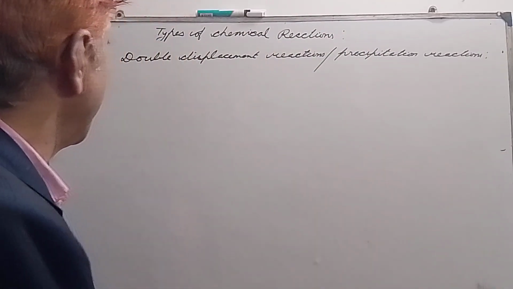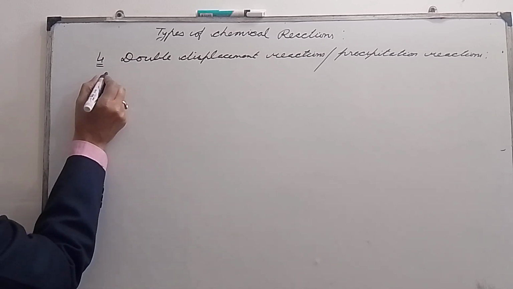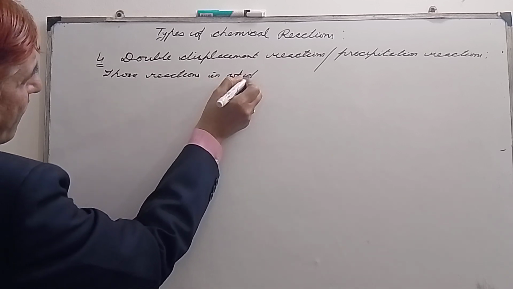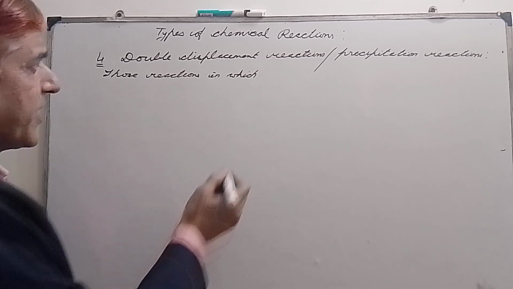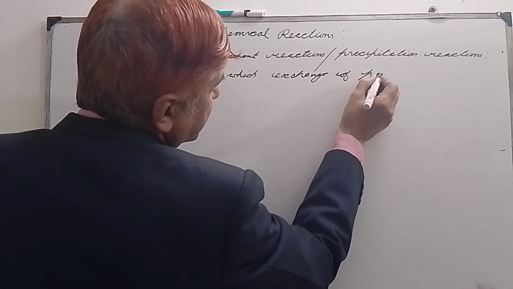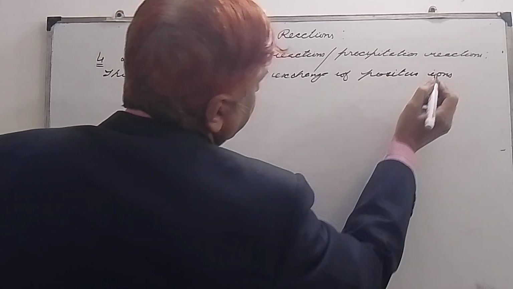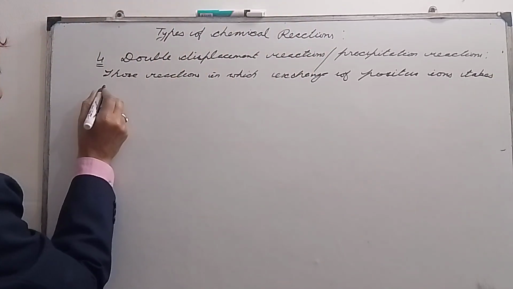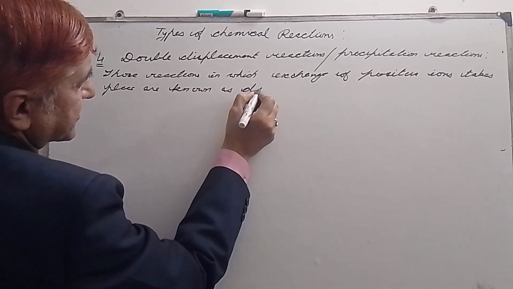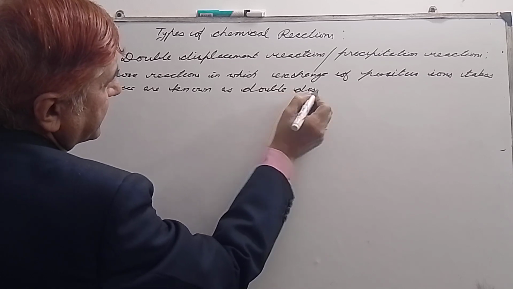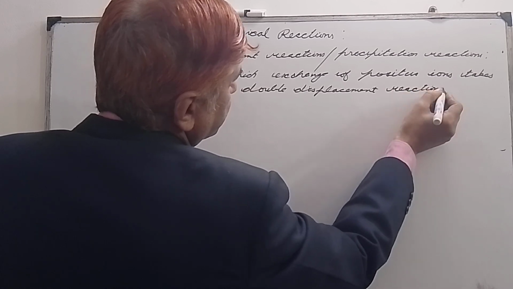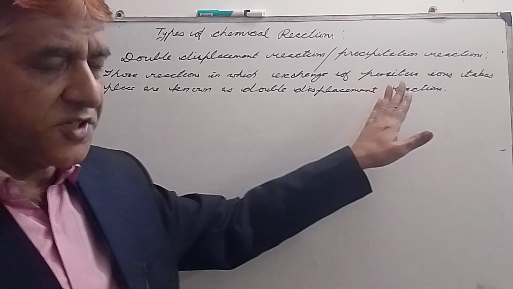Let me write the definition: those reactions in which exchange of ions, you can say positive ions, takes place are known as double displacement reactions. Sometimes these reactions are also called precipitation reactions.